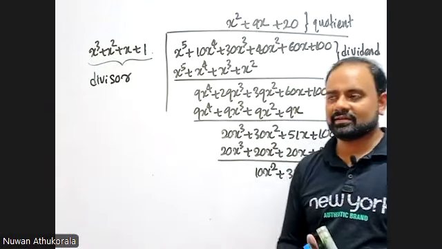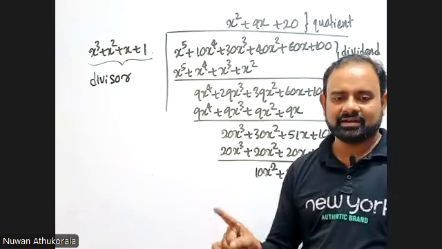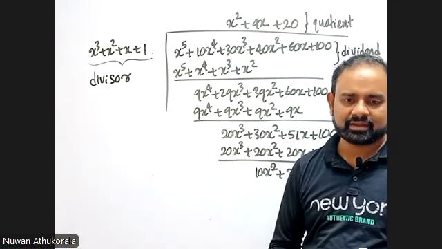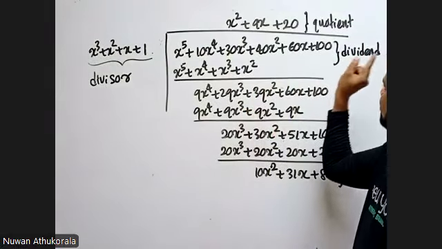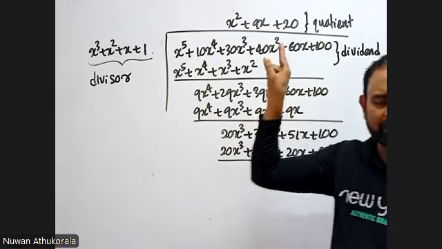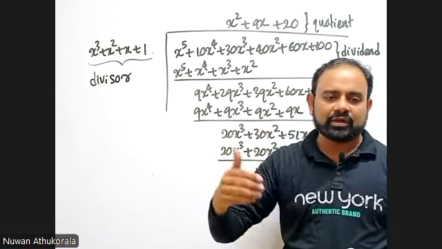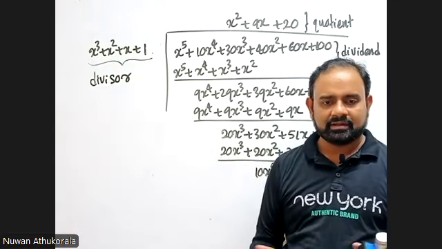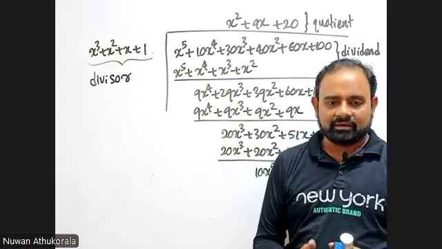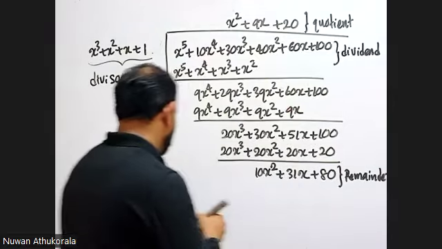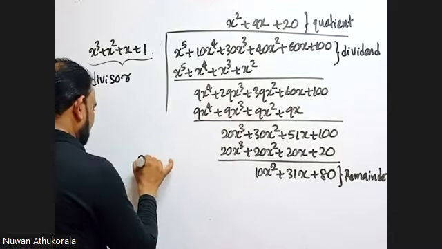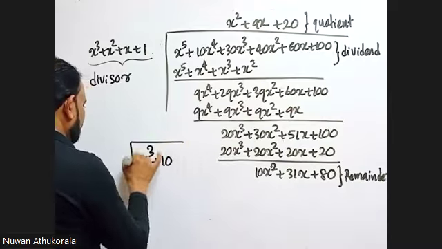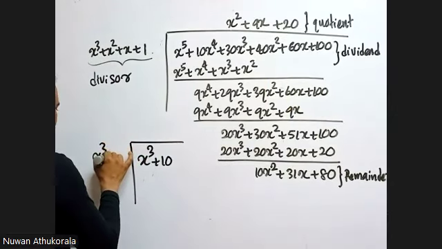Other thing is check the degree of divisor and degree of dividend. Always degree of dividend should be greater than or equal to degree of divisor. Sometimes degrees may be equal, right. Check this example. S cube plus 10 divided by s cube plus 2.